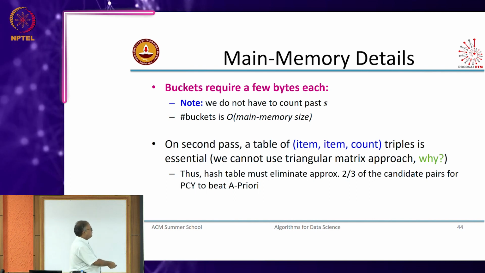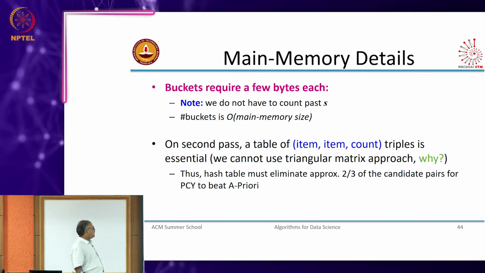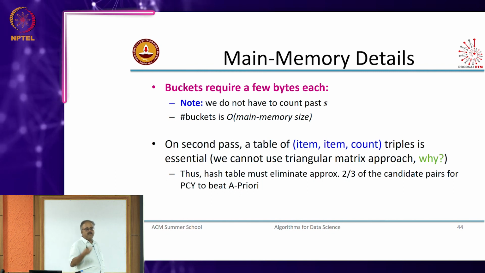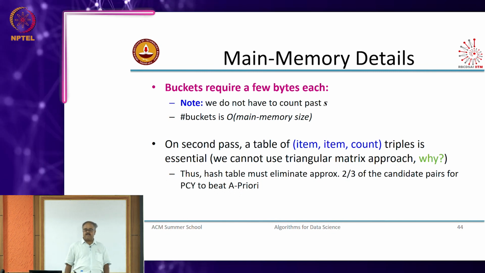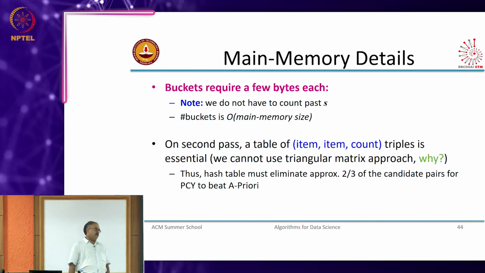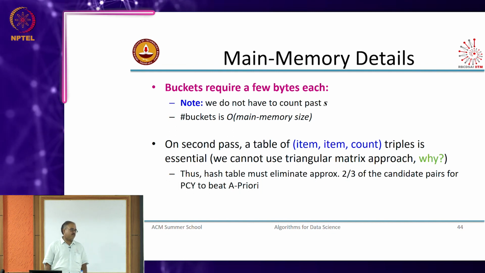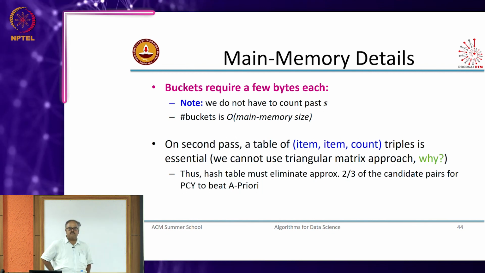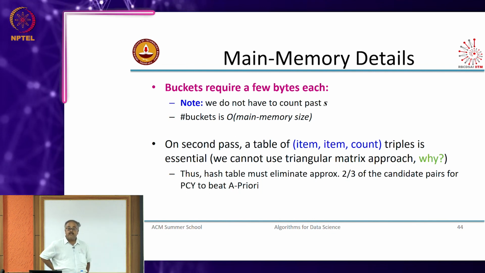Here is another question for you. On the second pass, I need to use a table of item counts, right? I have to use the sparse matrix representation. I can't use the triangular matrix representation. Why?